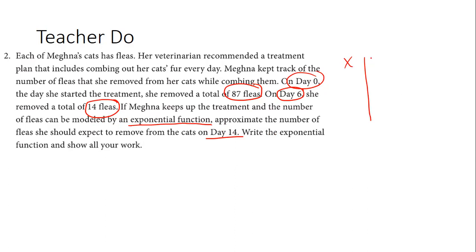So on our table, we have 0 and 87, and we have 6 and 14. So from our table, because we have 0, we know that our A equals what? 87. Okay. All right. I'm going to walk around. I want you to go from here and do the rest.